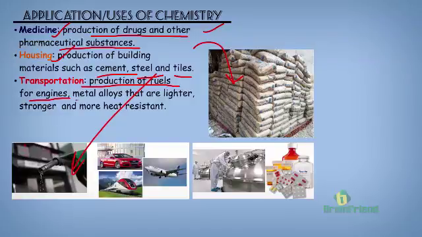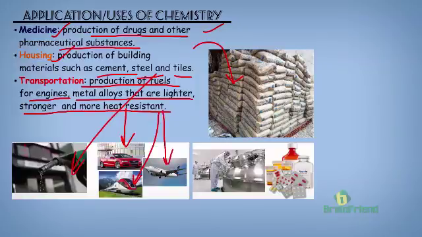Also, they produce metal alloys that are lighter, stronger, and more heat resistant, that are used in making things such as our automobiles, the metro train, and even our airplanes.